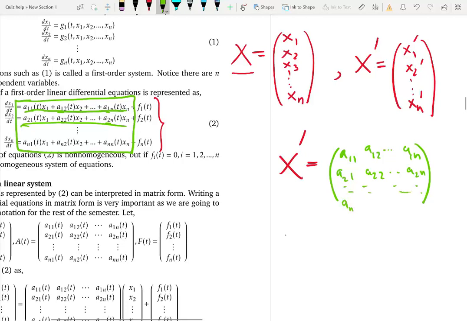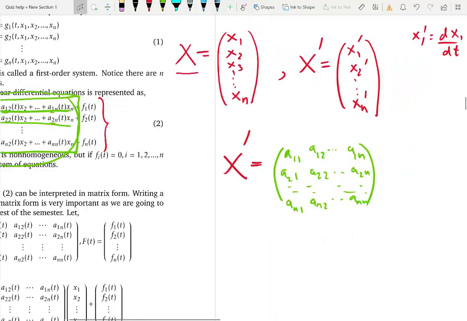So the last row is An1, An2, and Ann. So what I basically did is extract all the coefficients of the dependent variables and put them in a matrix, in order. And then this is multiplied by the vector x.